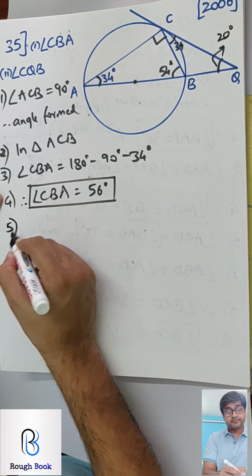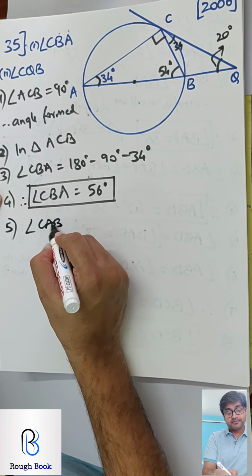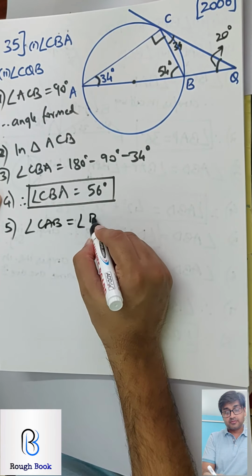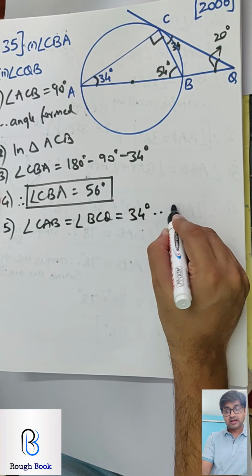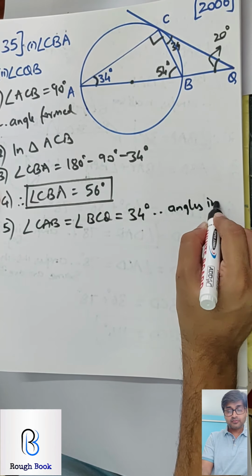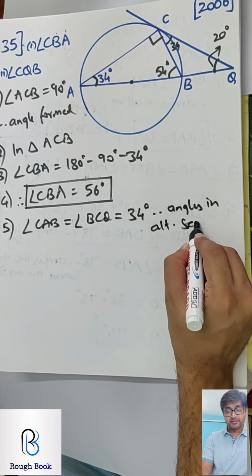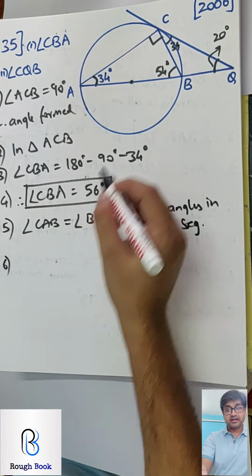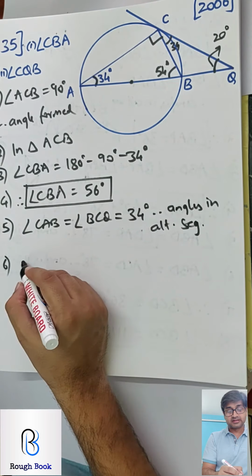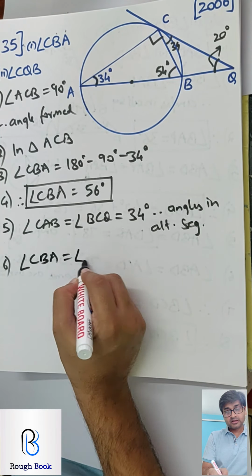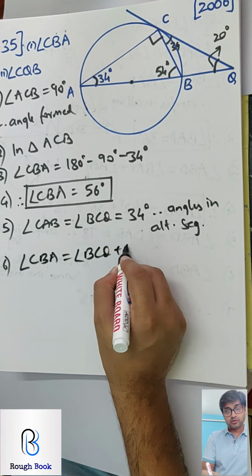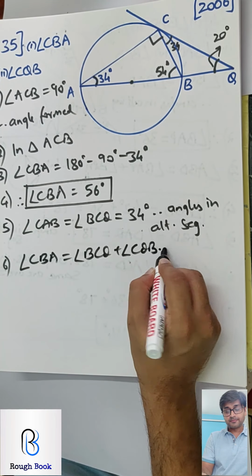Yeah. So come on, write it. So angle CAB is equal to angle BCQ equals 34 degrees. Angles in alternate segments. And then finally, once you got this 34, let's get this angle. So we will say angle CBA is equal to BCQ plus angle CQB.